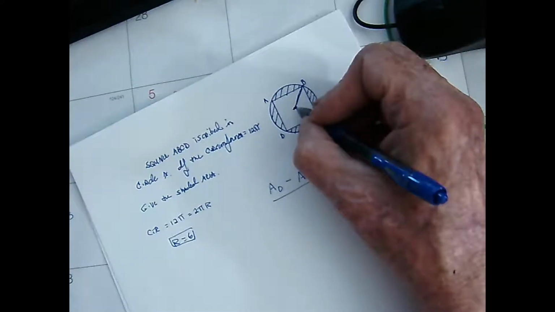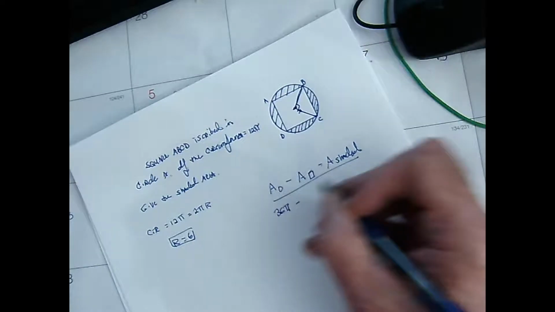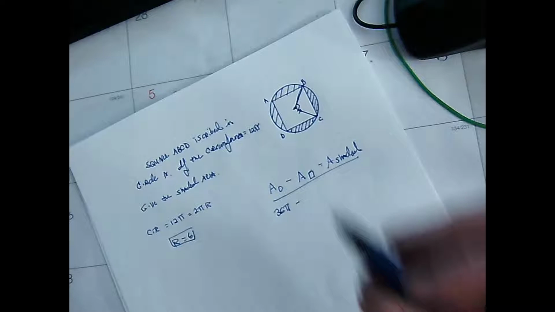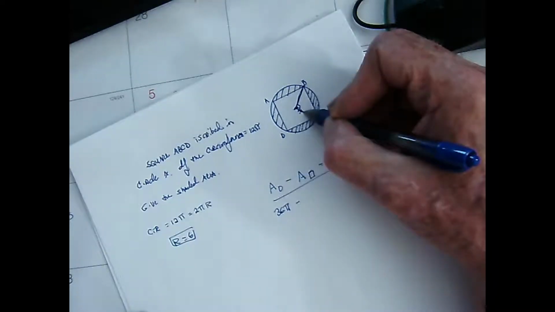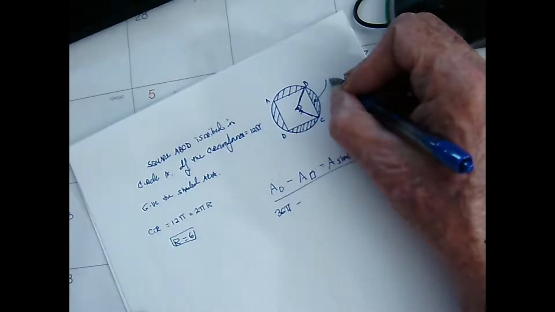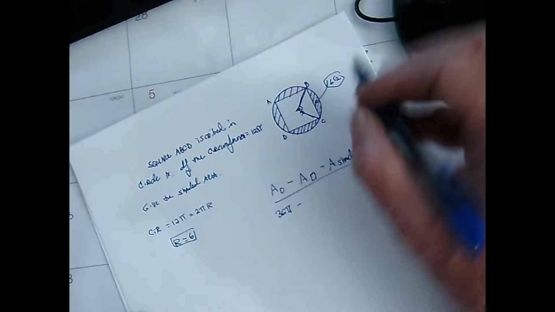I think there's a right angle right there. So with a radius of 6, the area of the circle is 36 pi. Minus, now what's the area of that square? If this is 6 and this is 6, wouldn't the side of the square have to be 6 times the square root of 2? I'm sure that that's a 45, 45, 90. So now I know the side of the square. Hey, what would be the area of that square?